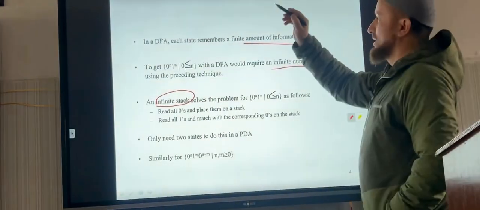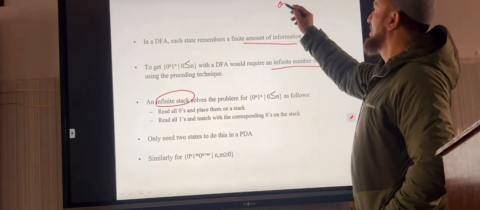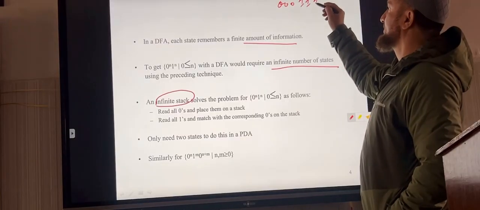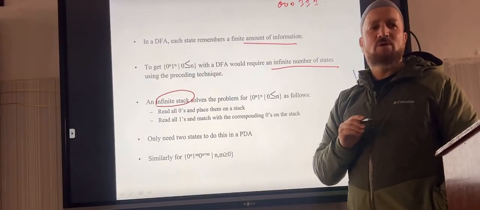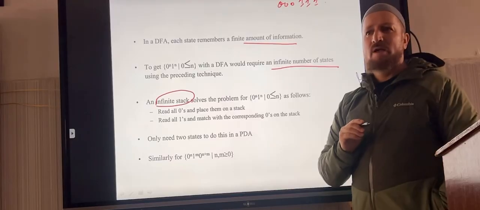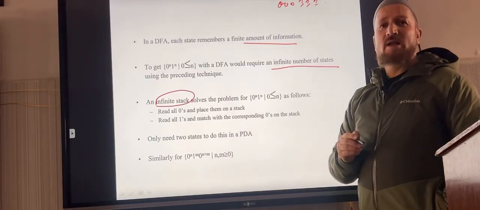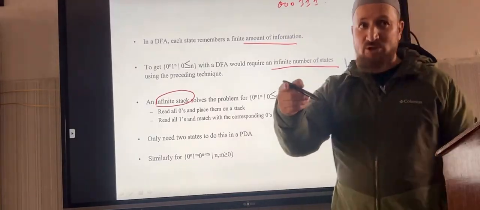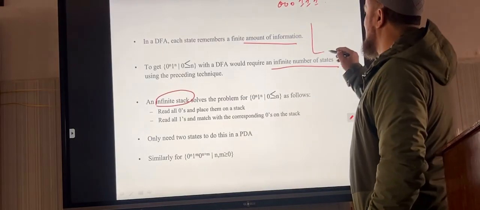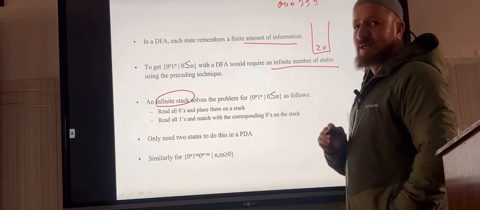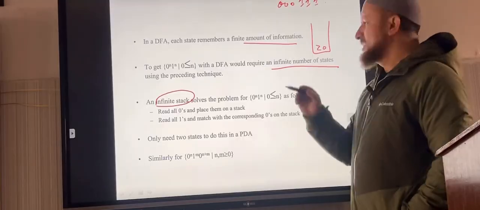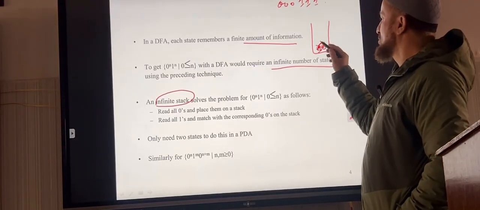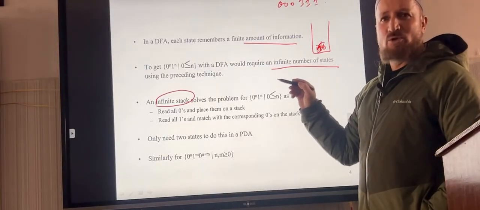So the simple thing, if I show it very simply, very subtly, is, for example, I want to see if I have 000 and 111, and I want to check that the number of 1s equals the number of 0s. What I do is, I have a stack and I put something on it, z0. Some books show hash, some show dollar, so it's up to your choice what you put.